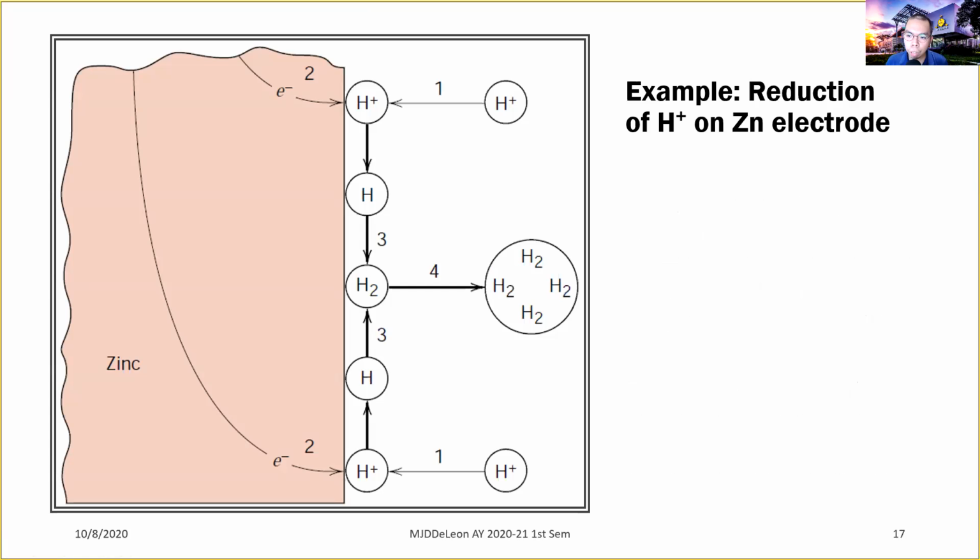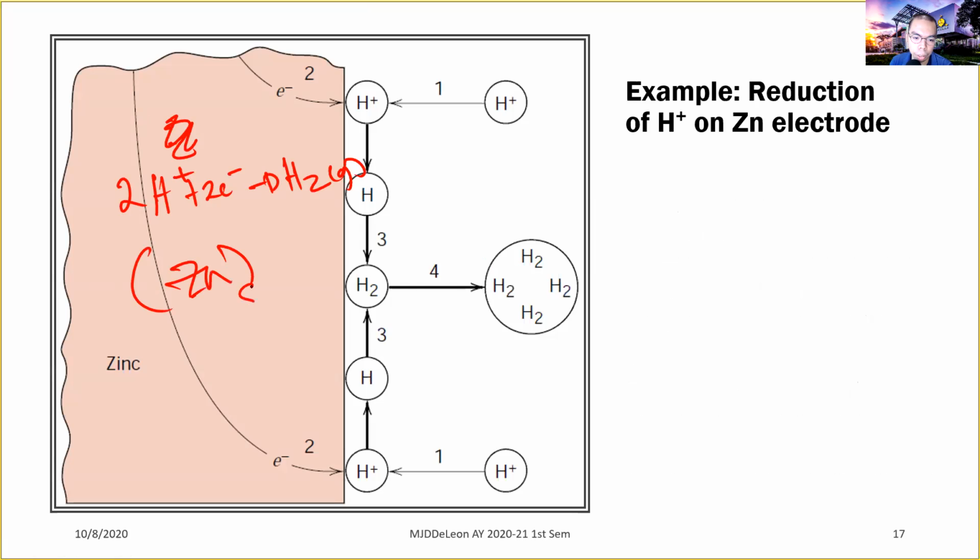The reduction of hydrogen ion to H2 on the zinc surface is 2H+ plus 2 electrons to form H2 gas. This happens on our zinc solid surface. So yung reduction reaction mo happens at the zinc surface. They found that there are 4 steps necessary for this reaction. One is the adsorption of hydrogen onto the zinc surface.